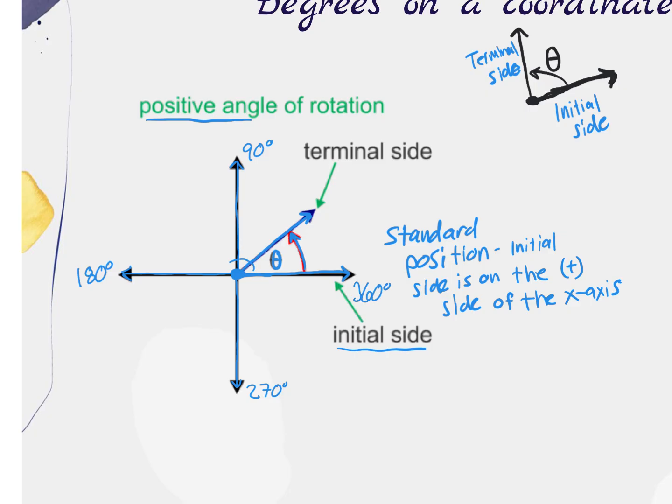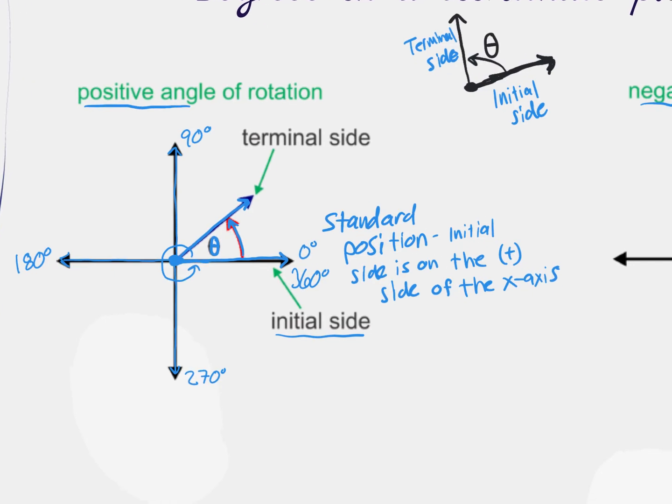Notice if I go around the full amount, that ends up at the exact same spot as if I didn't rotate at all. So 360 is actually the same as 0 degrees. It's the exact same thing with the negative angles.